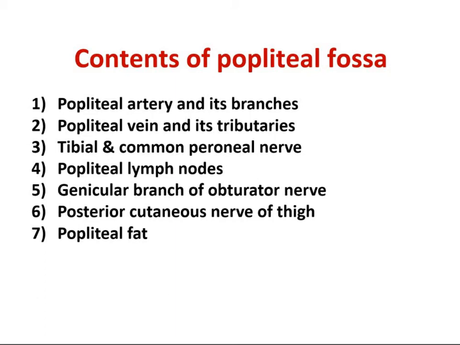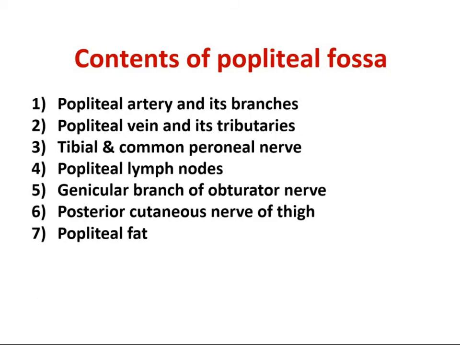Popliteal artery and its branches, then popliteal vein and its tributaries, and then we have the tibial and common peroneal nerve, popliteal lymph nodes, and then genicular branch of obturator nerve, posterior cutaneous nerve of thigh, popliteal fat.